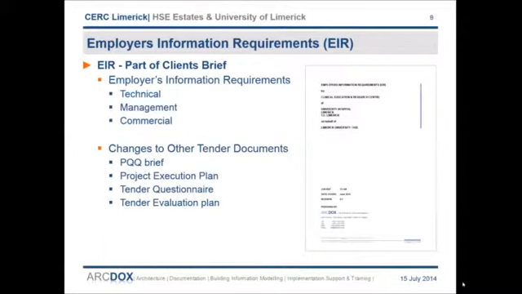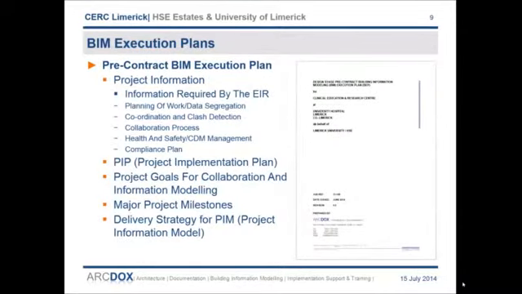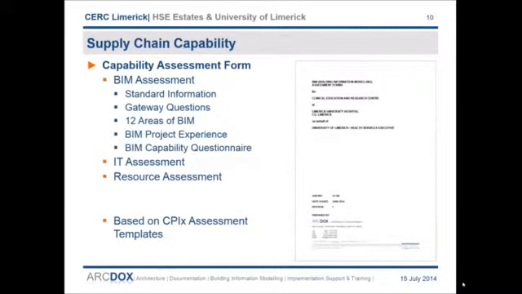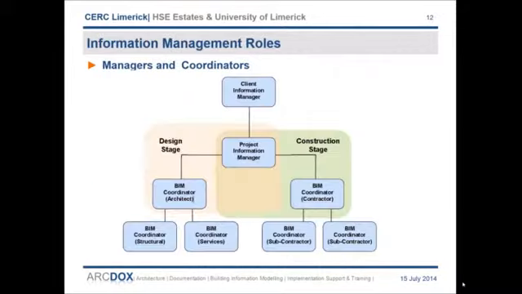Each participant must provide a pre-contract BIM execution plan to demonstrate how they will deliver on their requirements set out in the EIR. Where BIM capability or previous BIM experience cannot be demonstrated, participants must include a plan as to how they will acquire the capability or resources to deliver BIM for their element of the work.